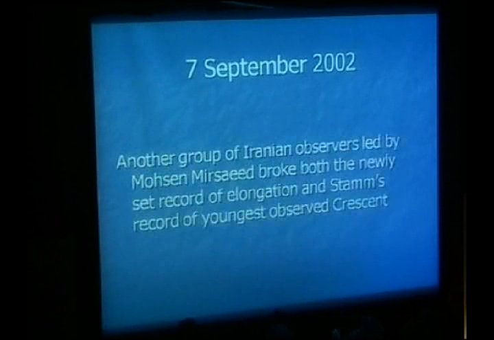And on 7 September 2002, another group of Iranian observers, led by Mr. Mohsen Mirsaid, broke both the newly set record of elongation and Stam's record of youngest observed crescent, if we calculate the age of the crescent geocentrically.